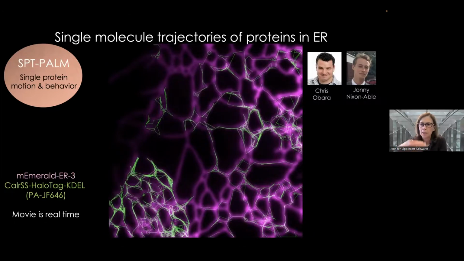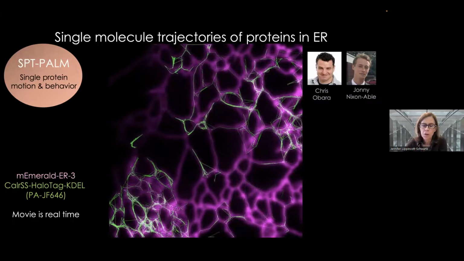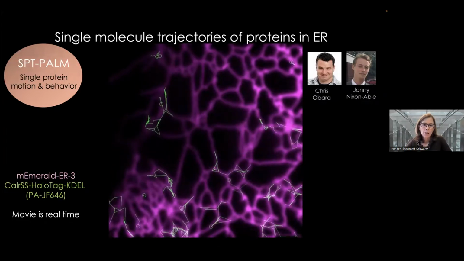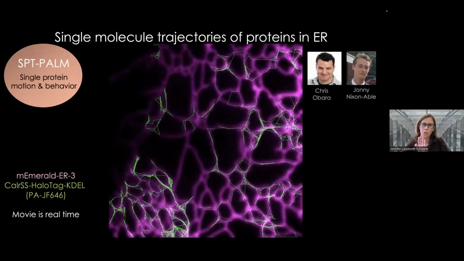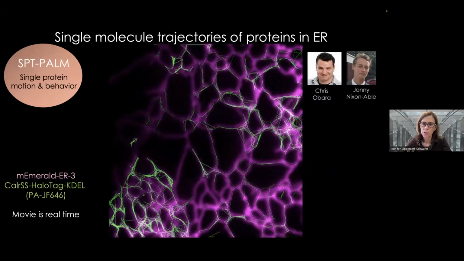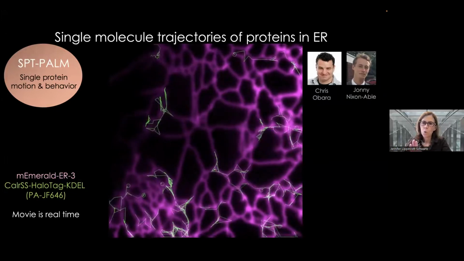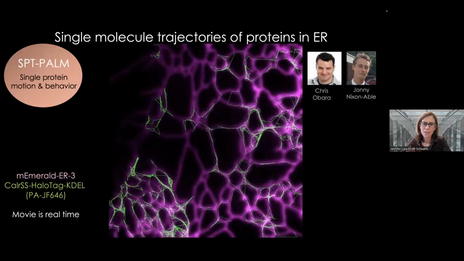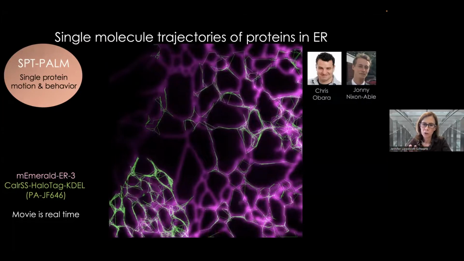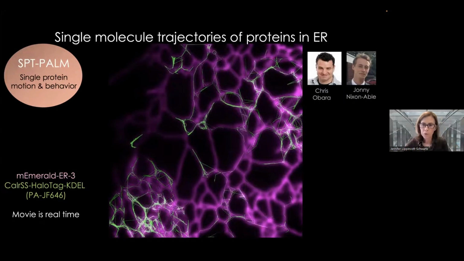The innovation that Chris and Johnny brought to the table was being able to superimpose the trajectories of individual proteins within the ER, which you're seeing in green, on top of the ER itself. That's really important if you're going to try to understand what's going on with these molecules.